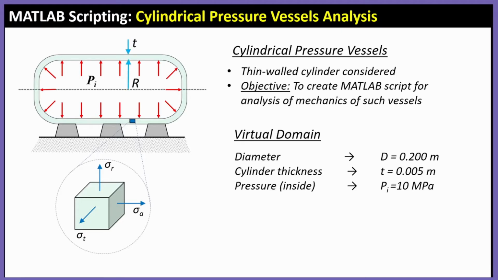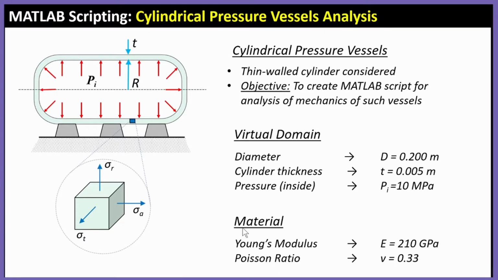Okay, so what is the domain? The domain that we'll be dealing with is cylindrical, defined with a given diameter. This diameter could be 200, it could be 400. In this case, I've used 0.2 meters for my diameter. The thickness of this pressure vessel is 5 millimeters, or 0.005, and the pressure inside is 10 megapascal.